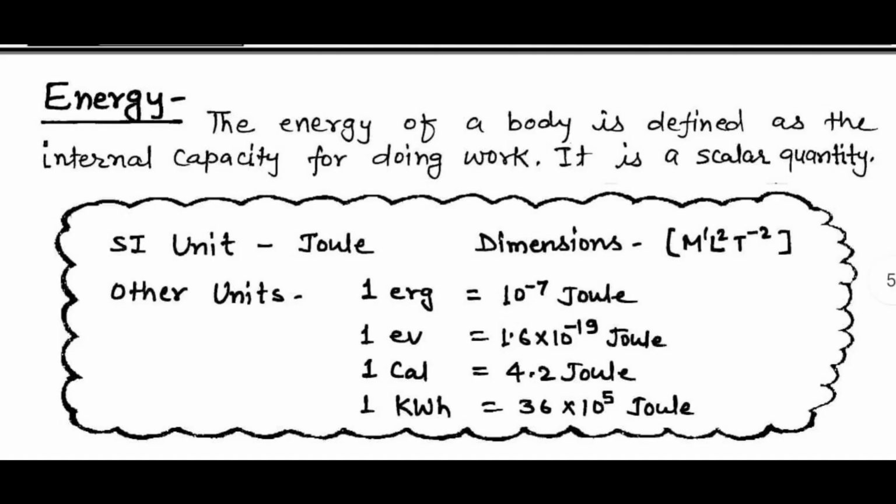Work is a scalar quantity, so energy is also a scalar quantity. Its SI unit is the same as work, that is the joule, and there are some other units which help at a commercial level and also for numerical purposes, for converting units from one form to another. Please have a look at all these units.